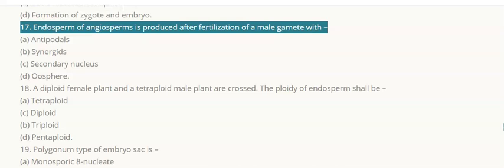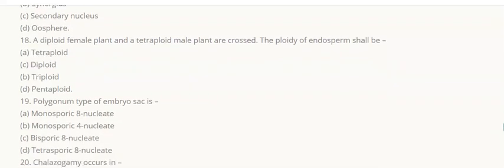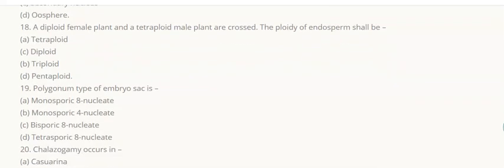We move to question 18. A diploid female plant and a tetraploid male plant are crossed. Be careful in the question itself, students. Diploid female plant means 2N, and a tetraploid male plant means 4N. Now the ploidy of endosperm shall be?